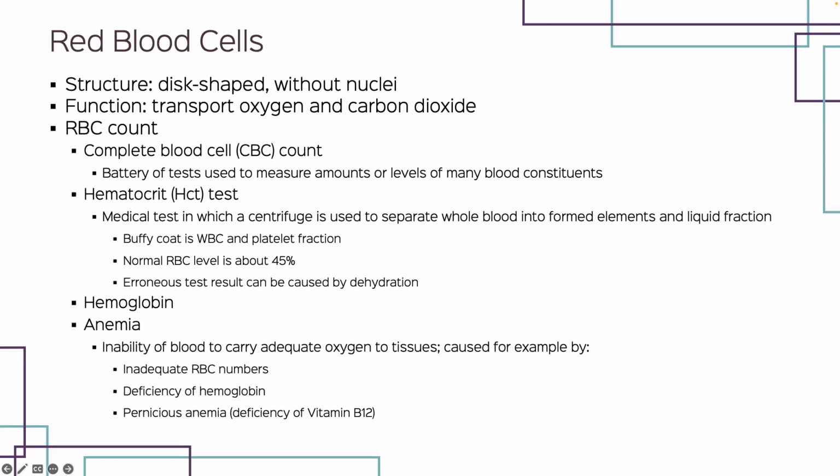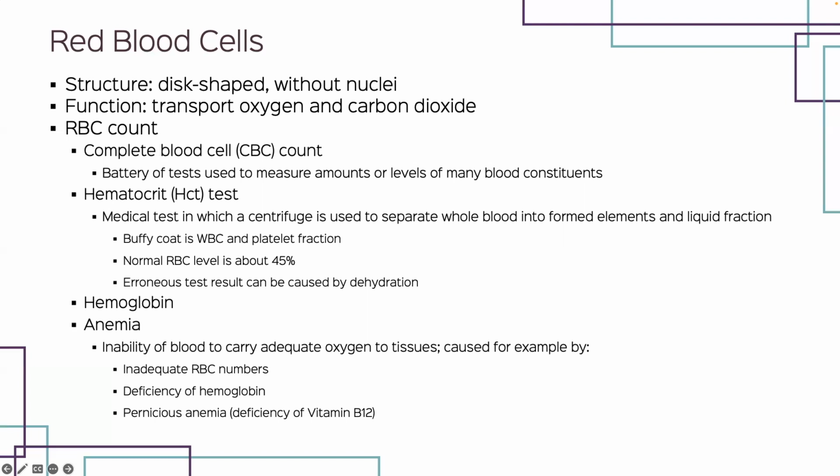The hematocrit component of the CBC will provide information about the volume of red blood cells in a blood sample. If whole blood is placed into a special centrifuge tube and then spun down, then the heavier formed elements will quickly settle into the bottom of the tube.